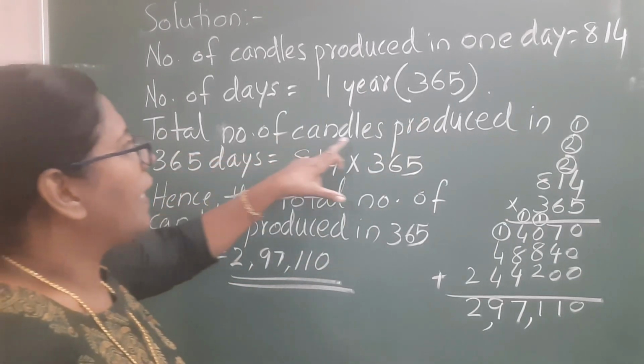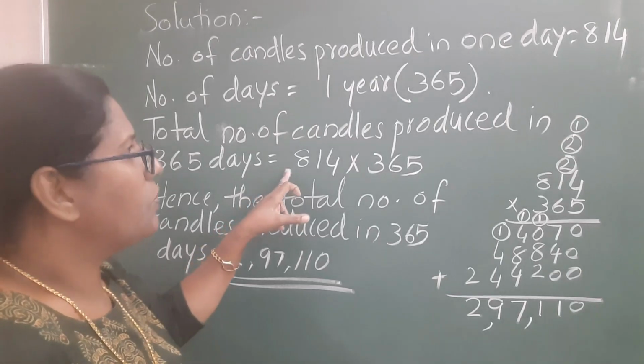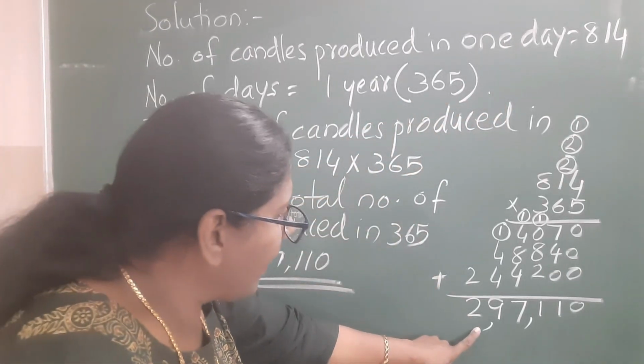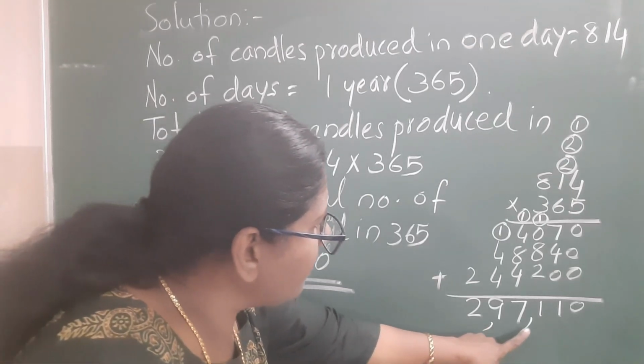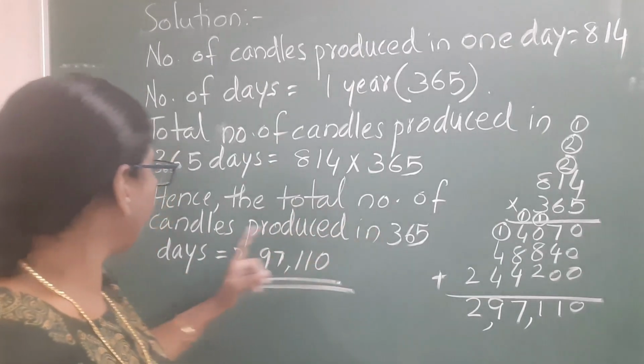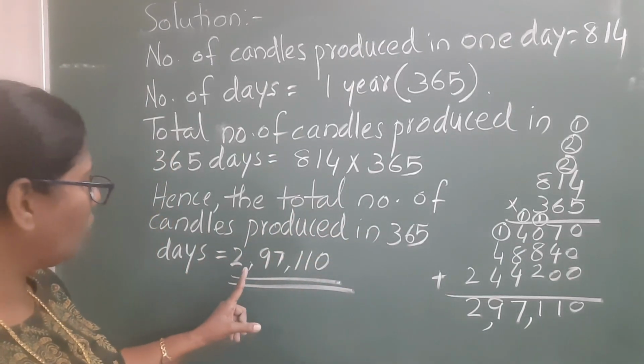Total number of candles produced in 365 days is equal to 814 into 365. We got the answer 2,97,110. Hence, the total number of candles produced in 365 days is equal to 2,97,110.